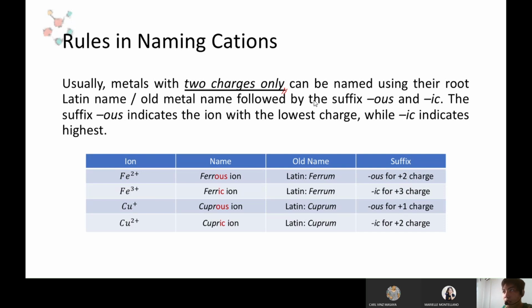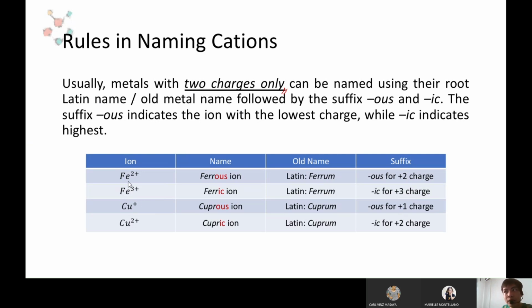So, how do we use this method? To use it, you get the root name of your element, or the old metal name, which is the Latin name. Then you add the suffix us or ik. What do they mean? The us is the lowest charge of the two, and the ik is the highest charge of the two. For example, we have Fe2+ and Fe3+.